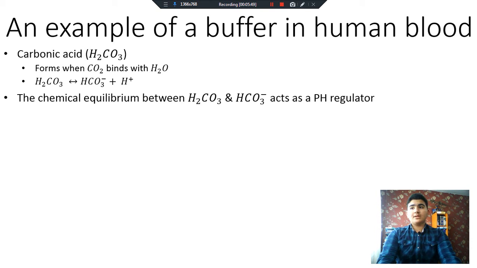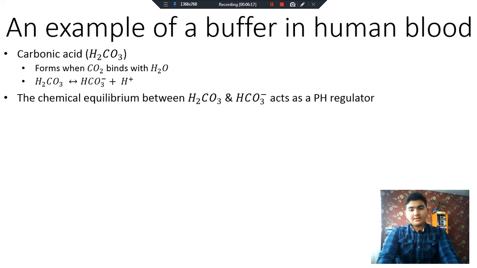And as I told you in the previous slide, when the solution is depleted of hydrogen ions, in this case carbonic acid dissociates and forms bicarbonate and a hydrogen ion, okay, and vice versa.